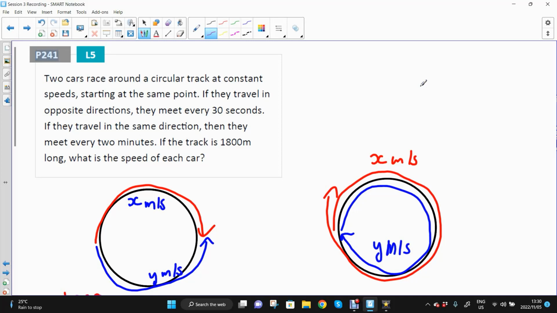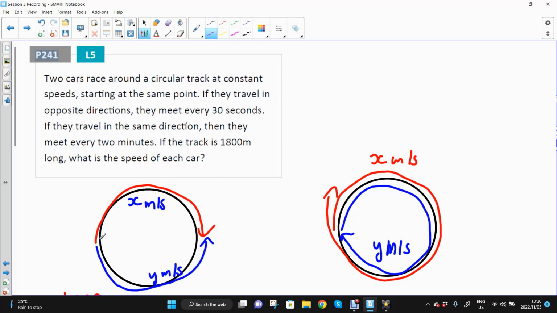Now, to explain this, again, I drew out the scenario so that you can see visually what is happening here. The red is the first car, the blue is the second car. We don't know how fast they are going, so I'm making the first one speed x and the other one speed y.